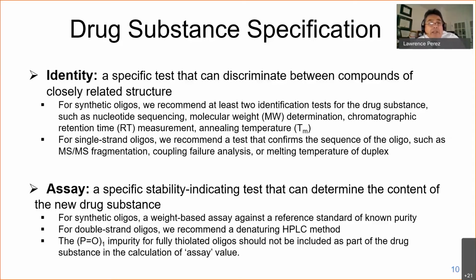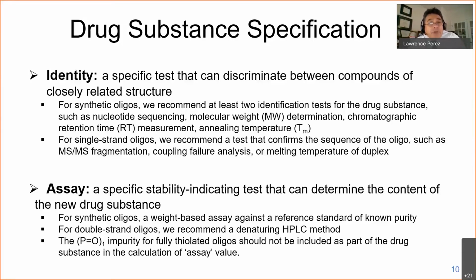For assay, this is a specific stability indicating test that can determine the content of the new drug substance in the material. Now, for this test, to be able to do it properly for oligos, you do need to have a well-defined reference standard of known purity to base the results of your assay test against.